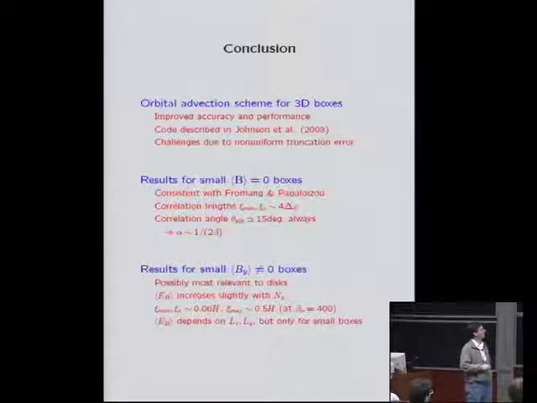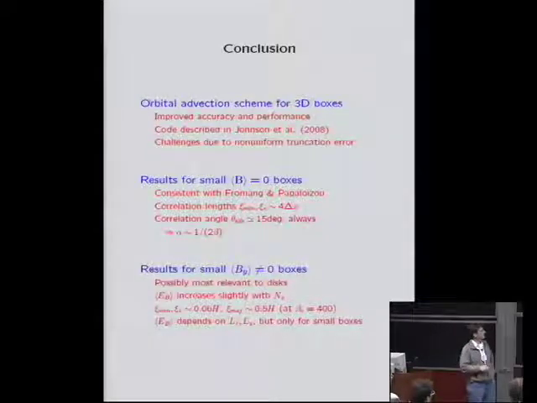The tilt of that correlation function is always 15 degrees. It seems to be absolutely independent of everything. And if we accept that as a characteristic angle for the magnetic field, that's consistent with this alpha is 1 over 2 beta result that we've known about for some time.